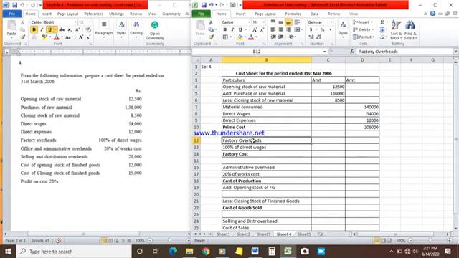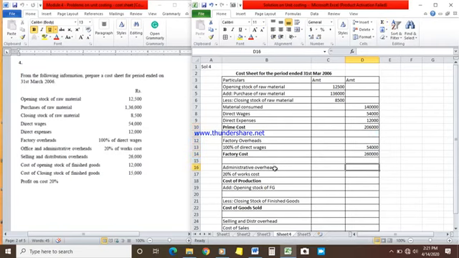Now next is the factory overhead, and it is given as 100% of direct wages. So I'll calculate 100% of direct wages, that is 1 into 54,000, the same 54,000. Now prime cost and factory overhead together, we get 2,60,000, that is the factory cost.